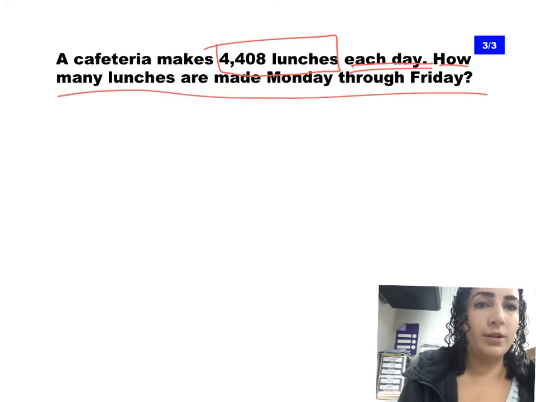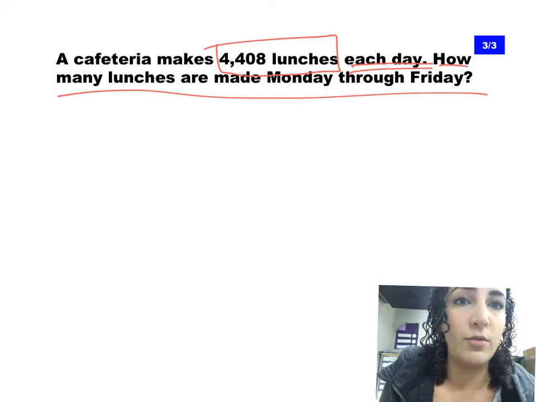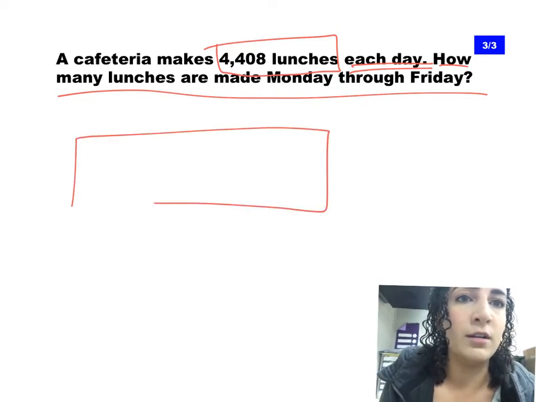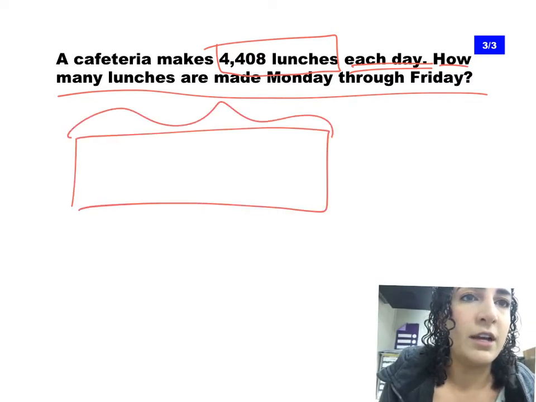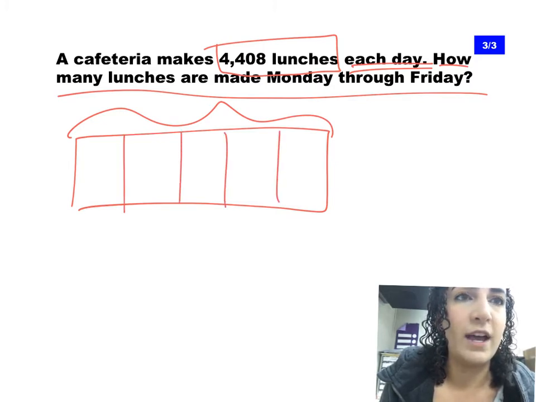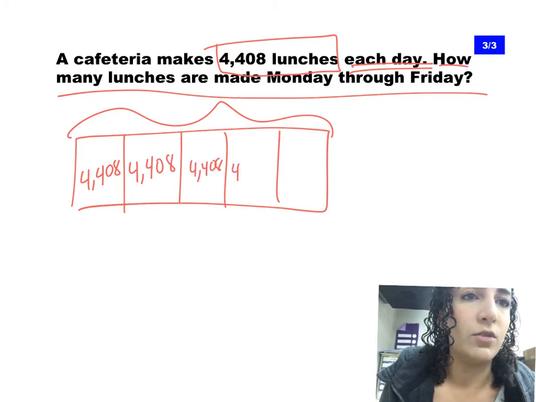All right, word problem. That means my first instinct is to start with a picture. I'm going to do a tape diagram, and I know that this is for Monday through Friday, which is 5 days. I know that they make 4,408 lunches each day. If I want to get real fancy, I'll put it into each of these boxes, but that's not totally necessary.